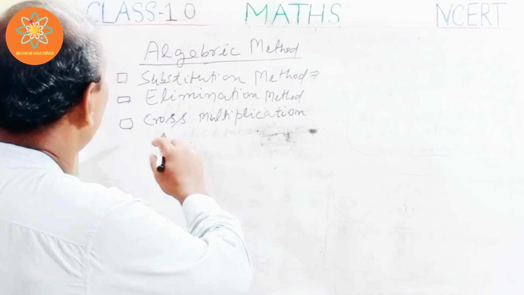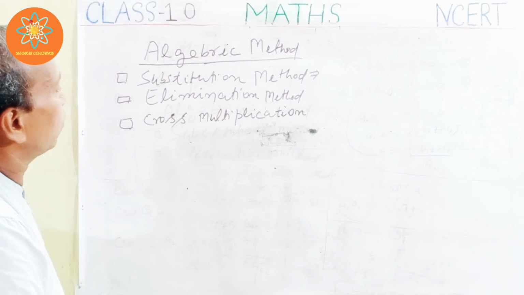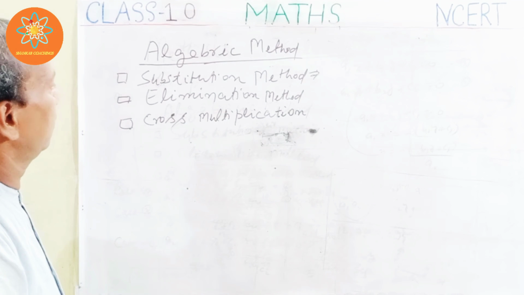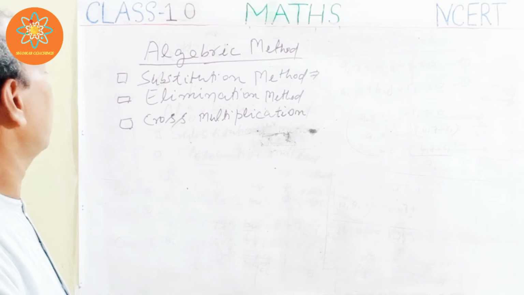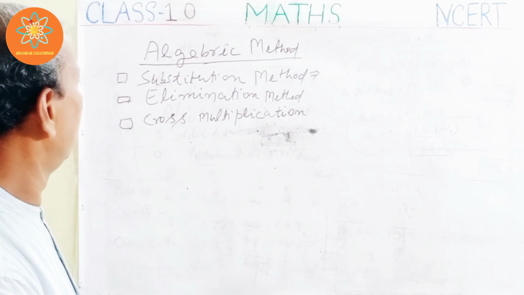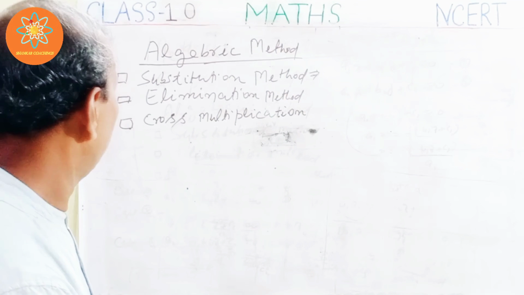Now we will start the last method, that is the cross multiplication method. This is part of the algebraic method.